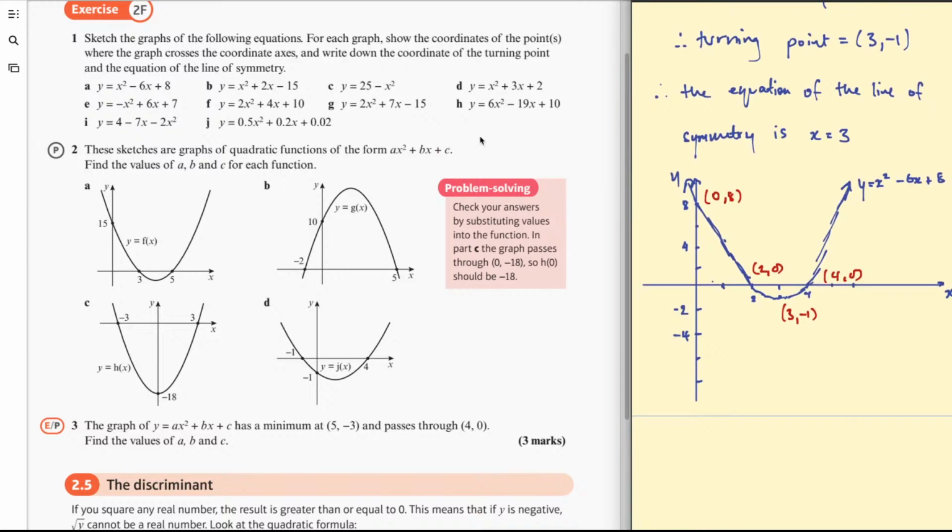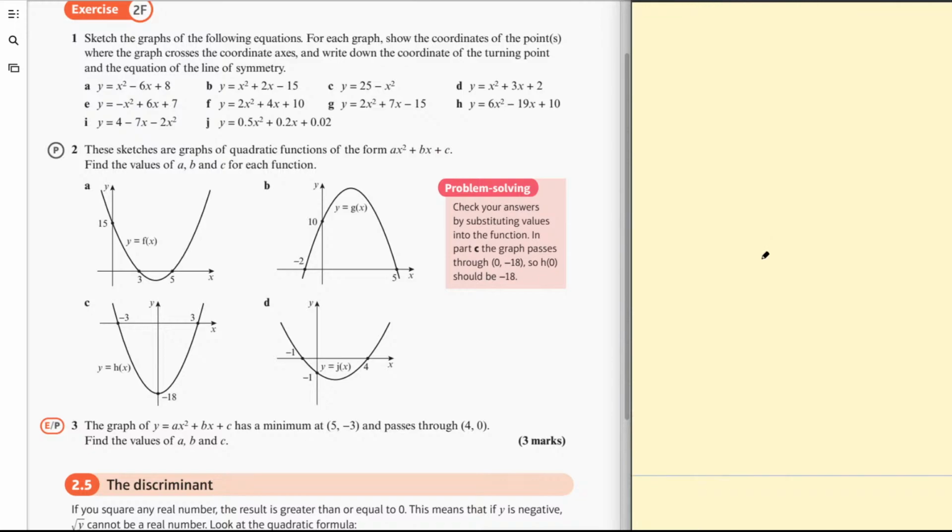Actually, I should do one more that does not have any real roots. Let's see, one that we cannot get solutions for x of. So one more of these then. I is y equal to 4 take 7x take 2x squared.